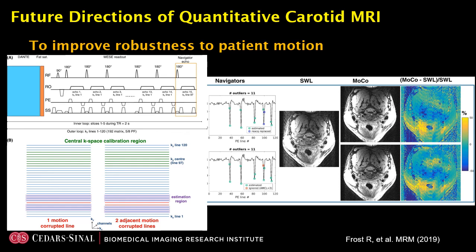One example is from Foster et al., where they showed the feasibility of using a navigator echo to keep track of motion during the scan and guide reacquisition if needed, and also use the navigator echo to correct the motion data using parallel imaging.